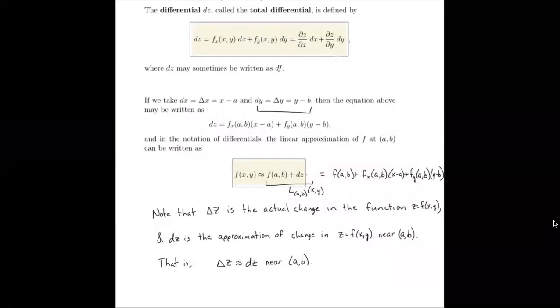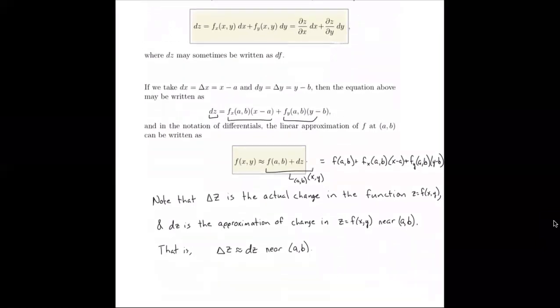With this choice, dz converts into this expression: the partial of f with respect to x at (a, b) times x minus a, plus the partial of f with respect to y times y minus b. And what we're putting together here on the right looks like most of the equation for linear approximation of a function f of (x, y), that L function we calculated in the first video of this section. So we look down here, we see the full thing written out.